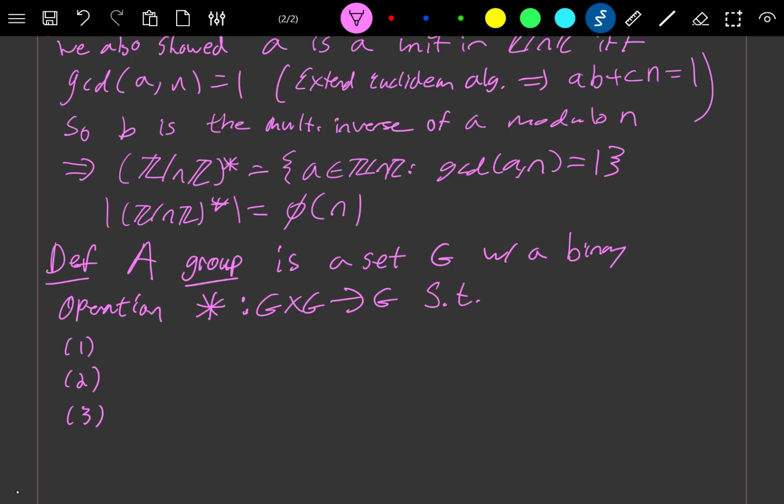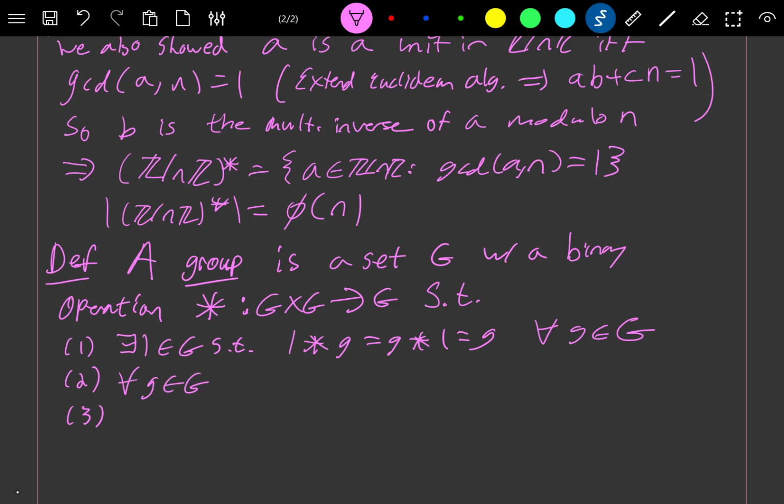We have, one, there exists an element 1 in G such that 1 times g equals g times 1 equals g for every g in G. Two, for every g in G, there exists some h in G such that g times h is h times g, which is 1. So these are the inverses.